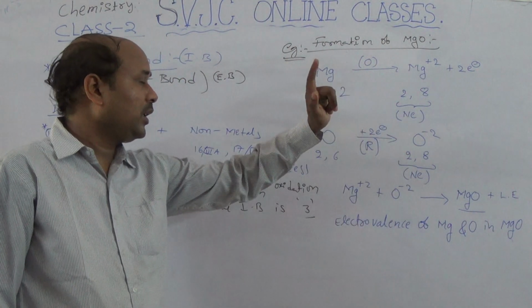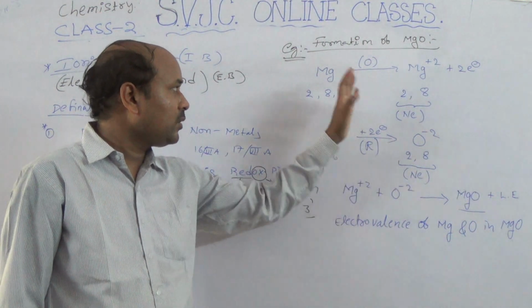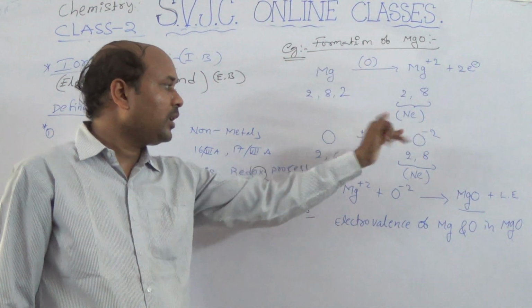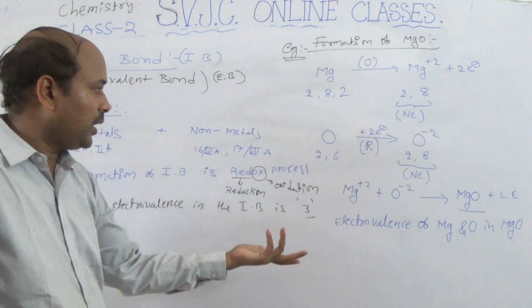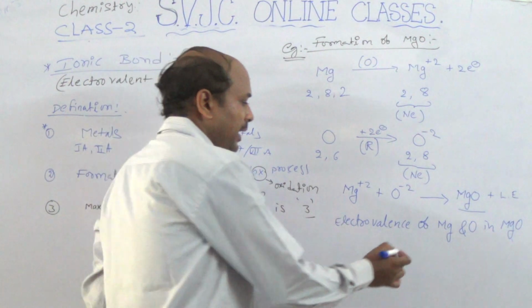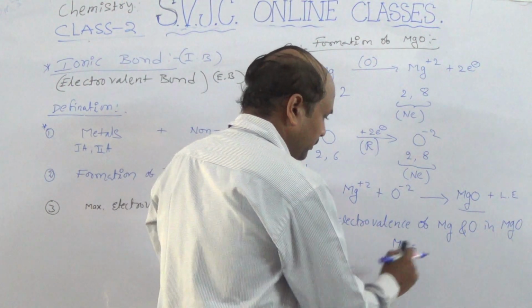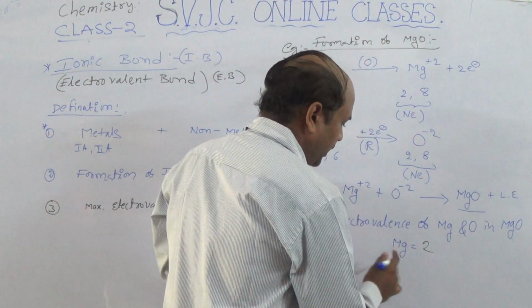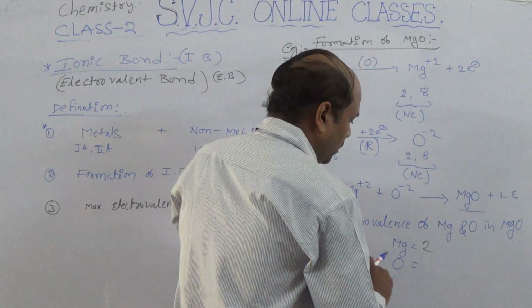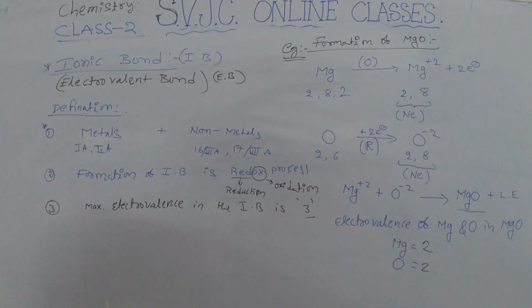Magnesium lost 2 electrons and oxygen gained 2 electrons. So the number of electrons transferred is 2. The electrovalency of magnesium is 2 and oxygen also 2. This is about the formation of MgO.